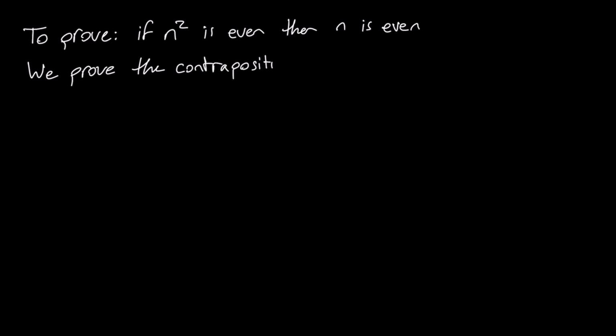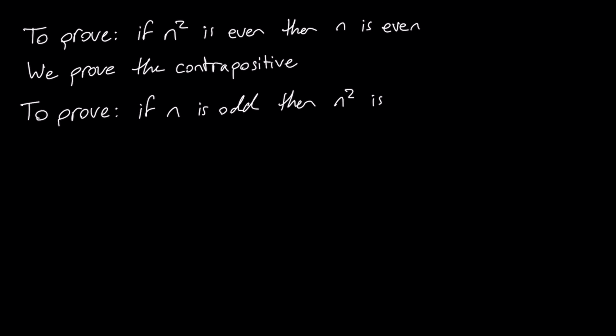It's called the contrapositive because it's kind of in the other direction with the opposite logical implication. It's that kind of mirror image logical statement. So what we actually want to prove is if n is odd, then n squared is odd.